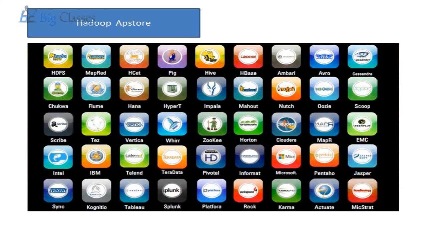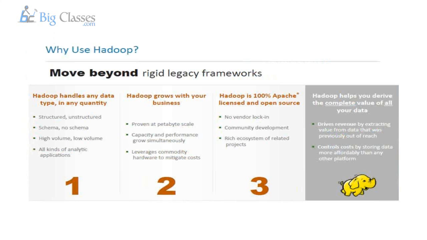So Hadoop App Store, I think that is an irrelevant slide at this point of time, but why are we using Hadoop? It is trying to answer your questions here. See, Hadoop can handle any type of data. First, it can handle structured data along with unstructured data. It doesn't matter whether you have the schema or not. It can process your high volume, and it can also process your low volume.